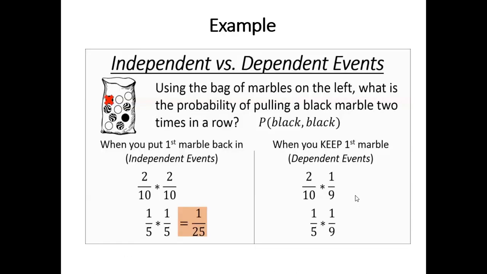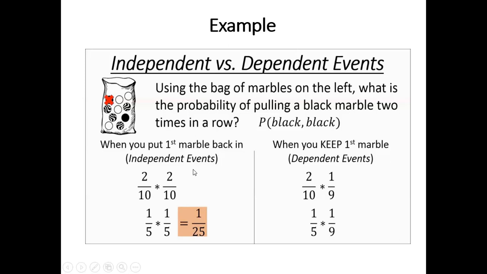Here's a fairly simple example. Let's imagine a bag of marbles, and we want to think in terms of the probability of pulling a black marble 2 times in a row. In the first case, suppose we pull the first marble and then put it back.